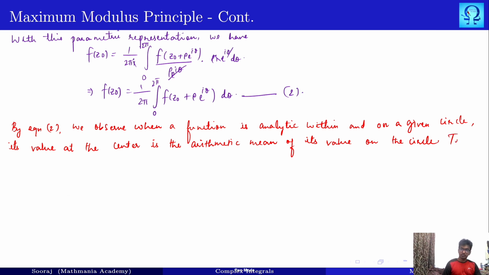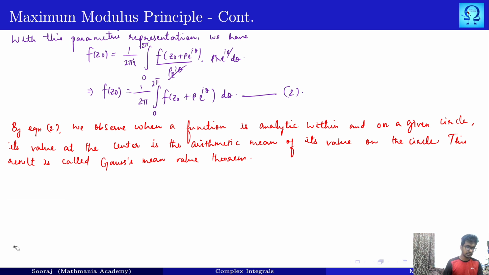This result is called Gauss mean value theorem. This is some other result which is not related to the maximum modulus principle, but when we proceed with the proof of the maximum modulus principle, we observe this result happens to be true, right? So now let us continue our discussion about this lemma.